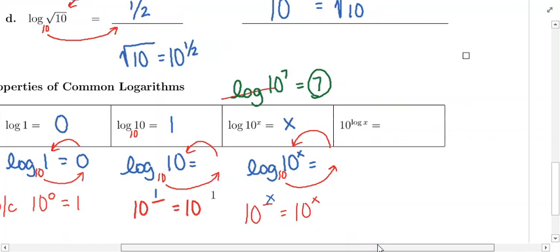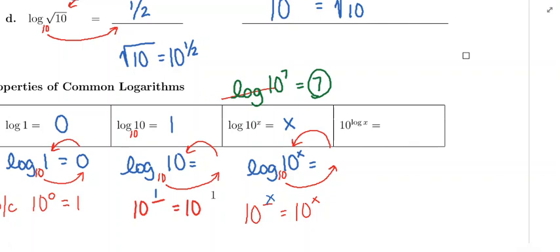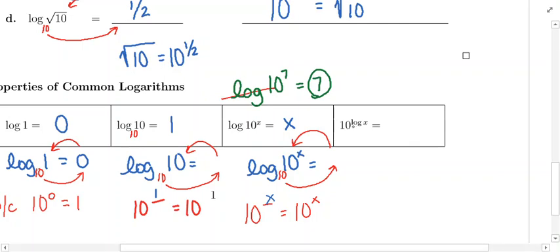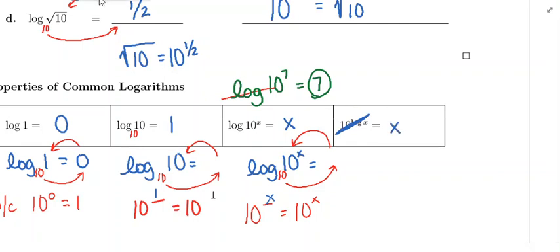All right, one more property, very similar to the one we just did. If you take 10 and raise it to the log base 10 power of the log of x, 10 raised to the log of x power. This one's a little more difficult to visualize with the arrows, but keep in mind what I just said. If you have 10 and log side by side, they're going to cancel out and leave you with just x.